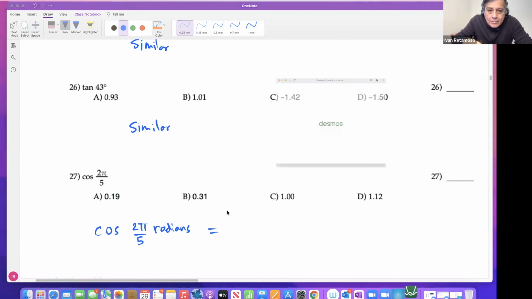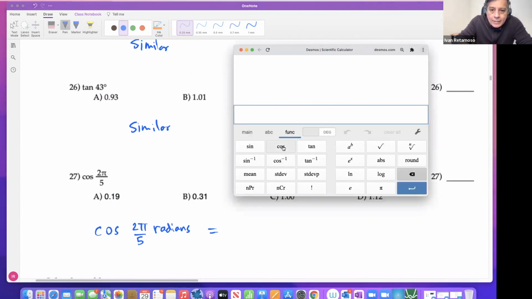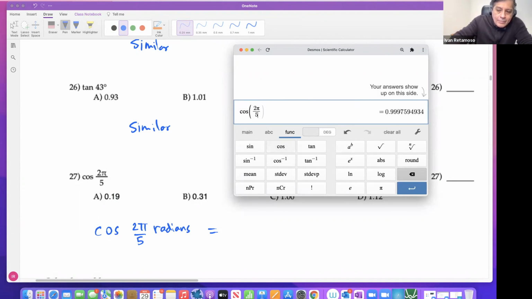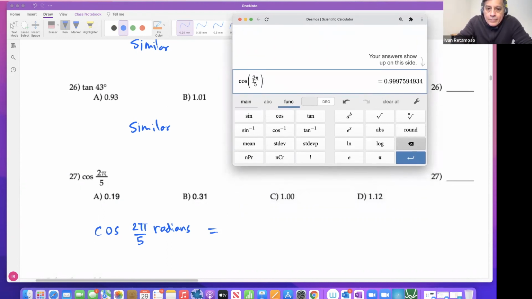So when you do the computation in the calculator, guys, just be careful that functions, cosine 2 pi over 5. By default, this is going to give you the answer considering that this is in degrees, but this is not the right one, right? And if you round it, probably you could get this, but this is not the right answer because you have to switch it to radian.